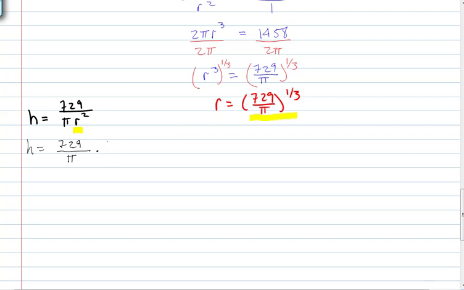But isn't R a fraction? I'm going to flip that fraction. And that gives me pi over 729. Do you see what I just did? I skipped a couple of steps. Dividing by R is like multiplying by the reciprocal of R. Y'all okay with that? Do you agree with what I did?